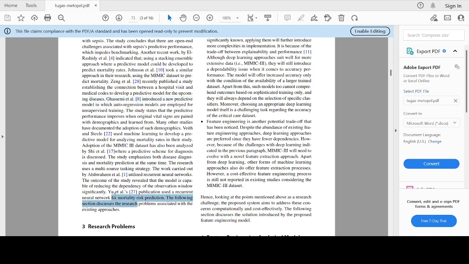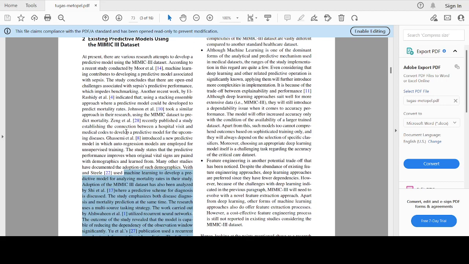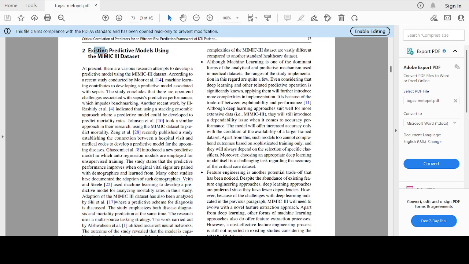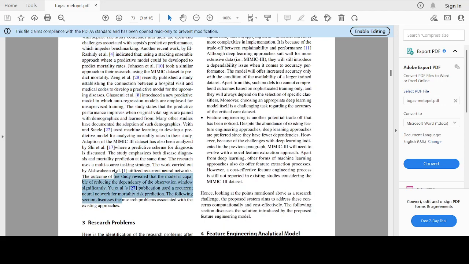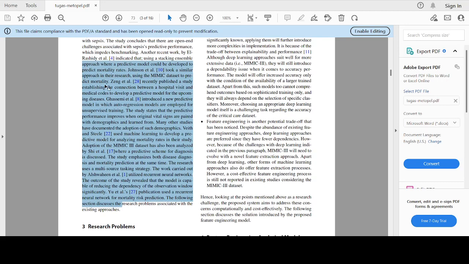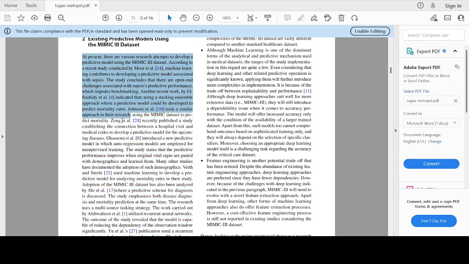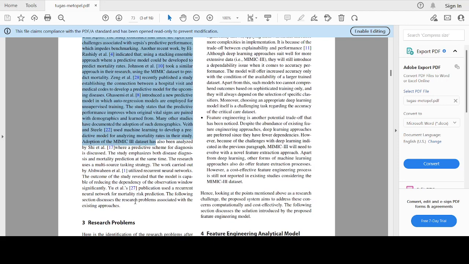Yeah, this is existing research. I think the detail is better read individually.